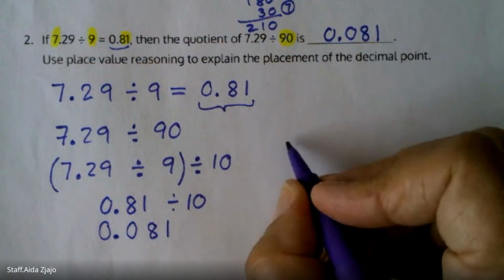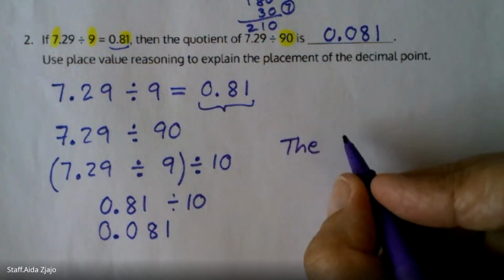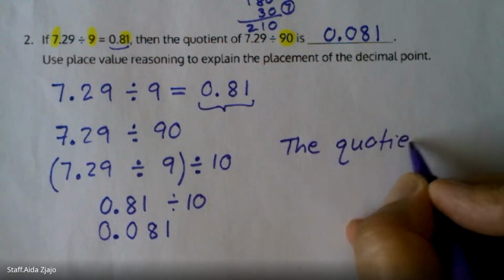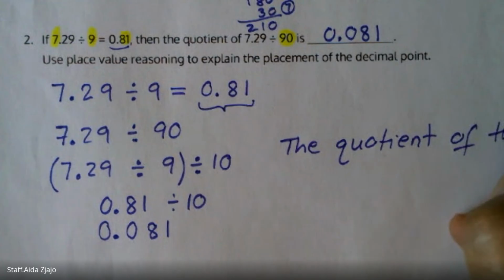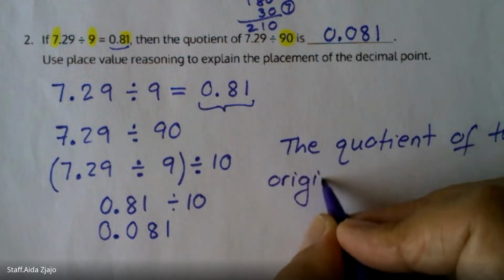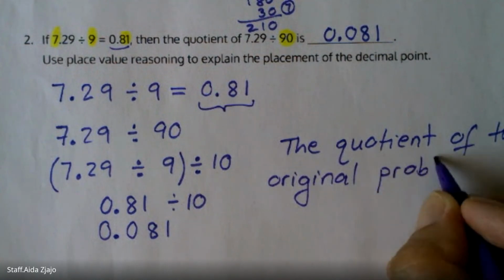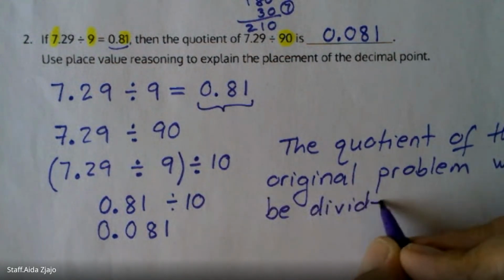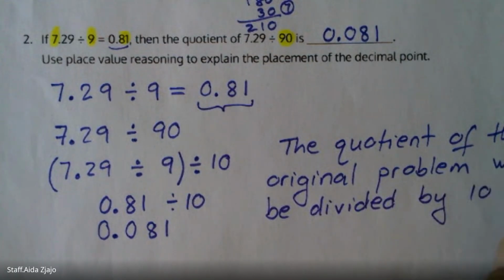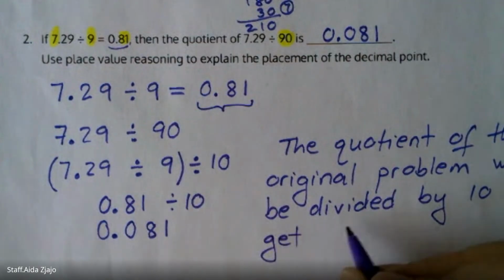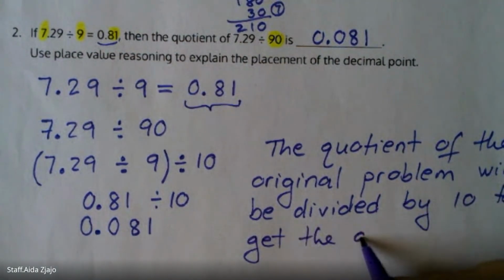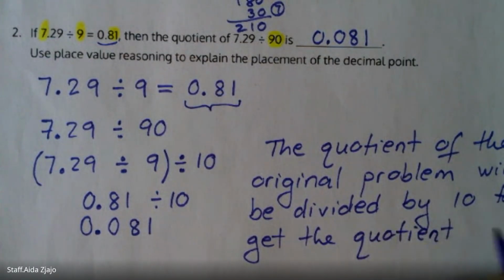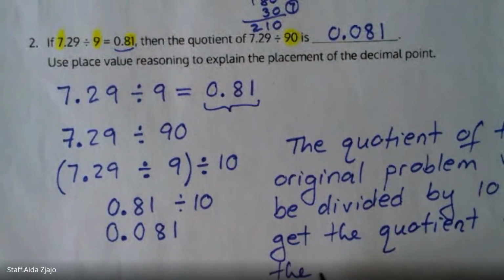Like I said, we can say the quotient of the original problem will be divided by 10 to get the quotient of the other problem, I guess.